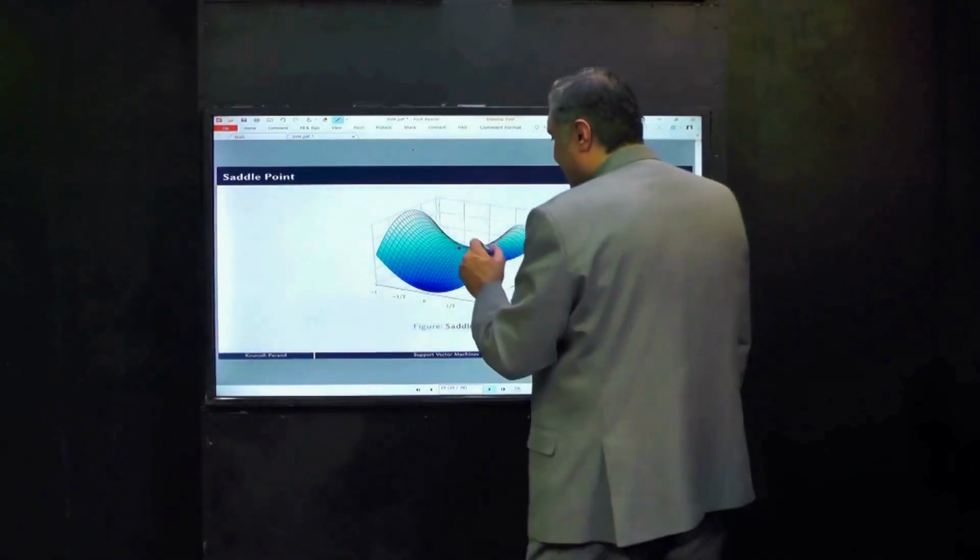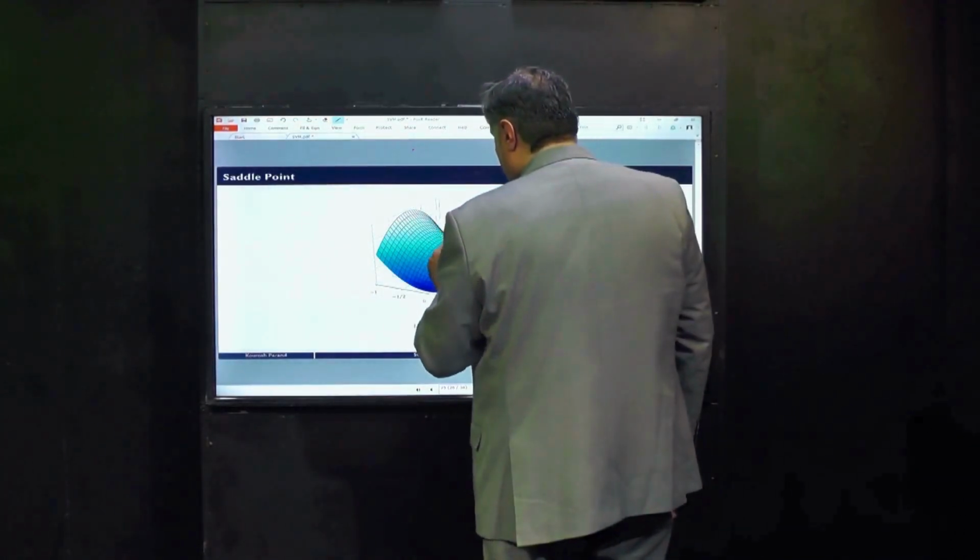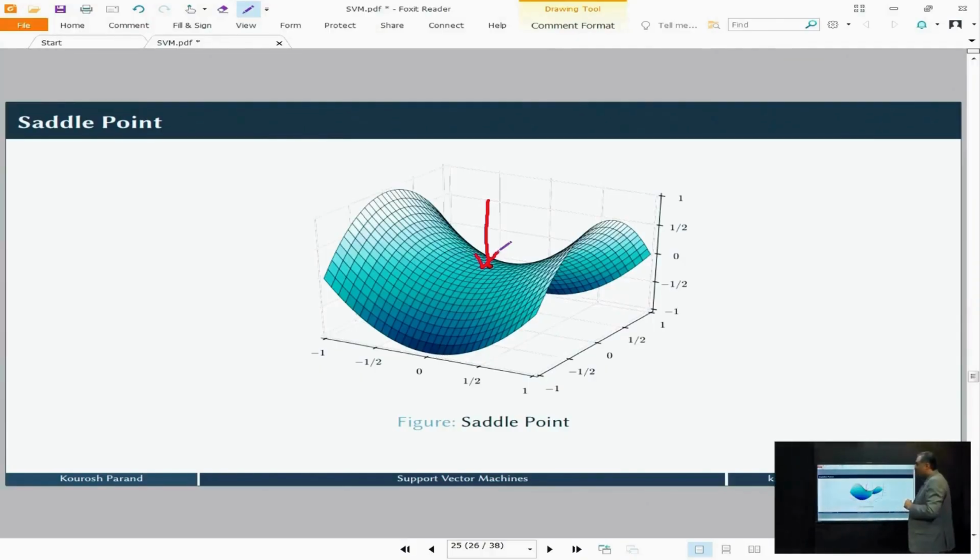Consider this point, friends. It's very clear. This point is a saddle point, because when we look in this direction, it gets minimized, and when you look from this direction, it gets maximized.